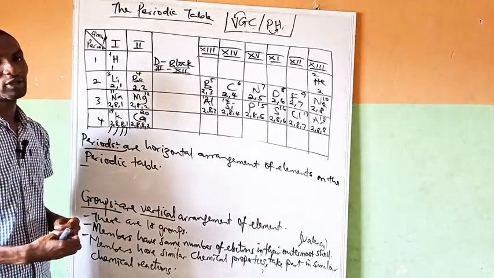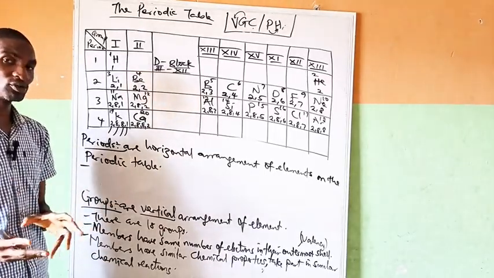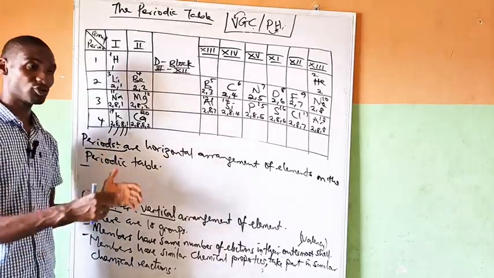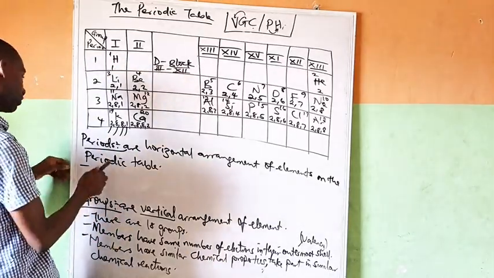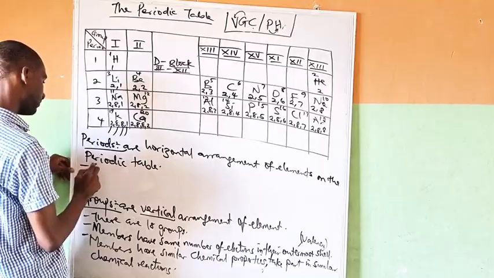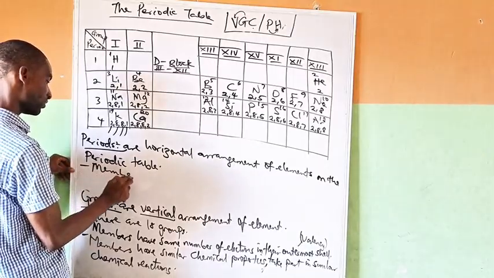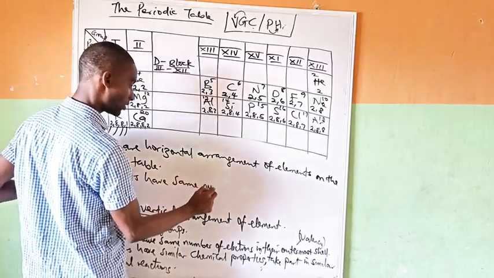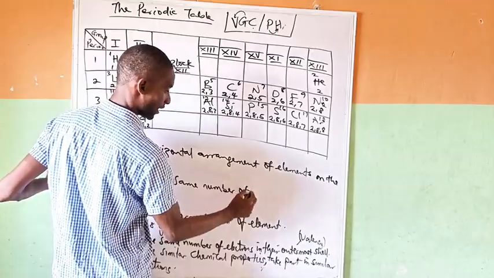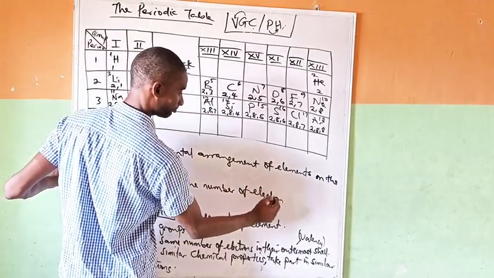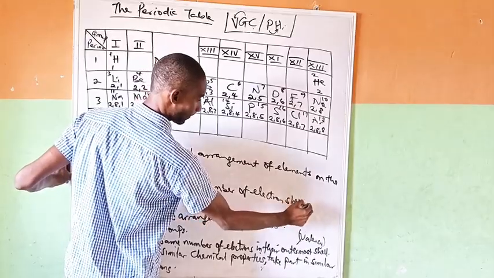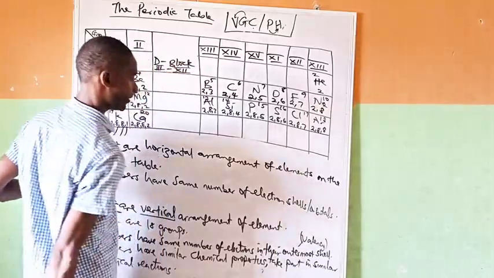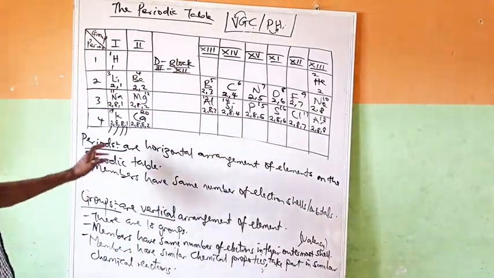You can either say electron shells or shells. So the members have the same number of electron shells, or orbitals.